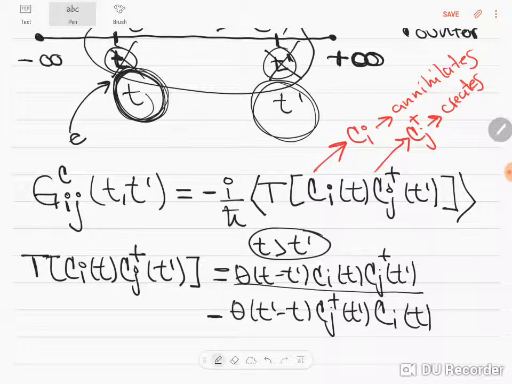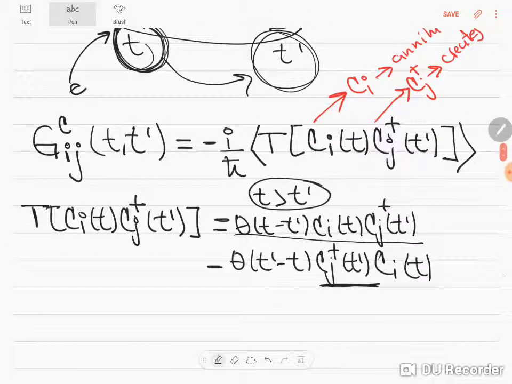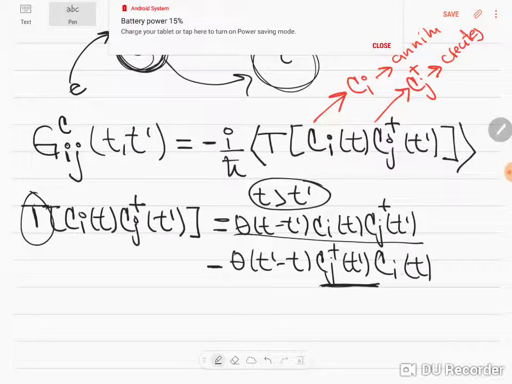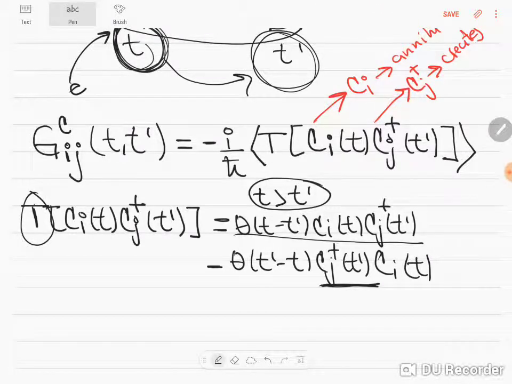And then something happens at T prime, so that operator, which is a creation operator, goes to the left of Ci of T. So what the time ordering operator does is order these operators according to the sequence of occurrence.